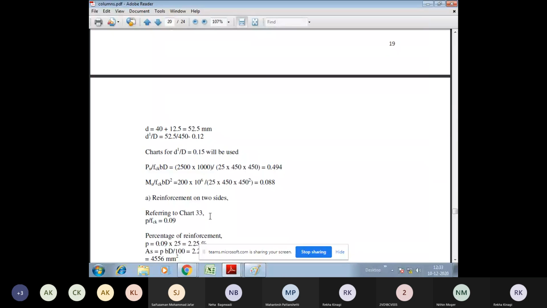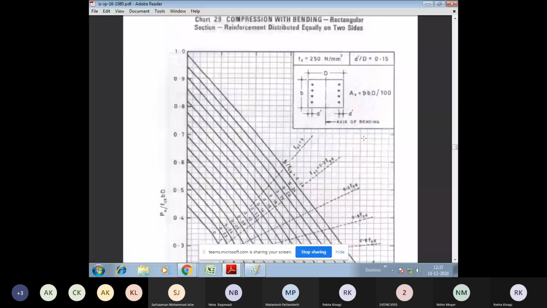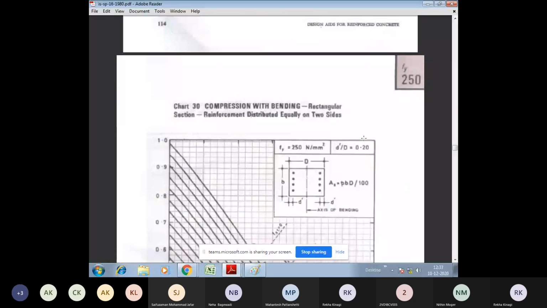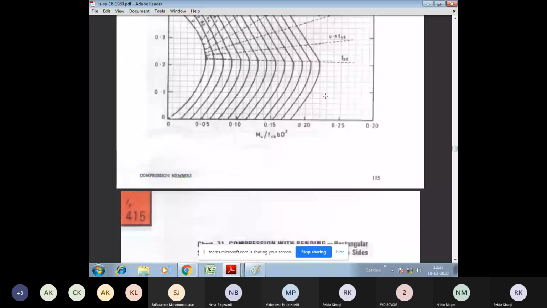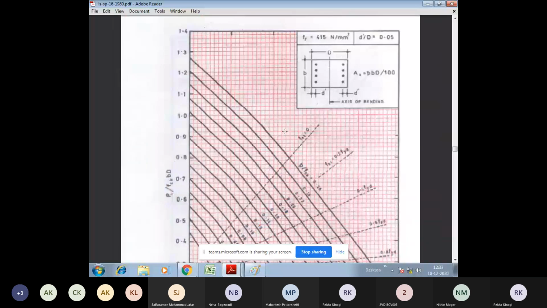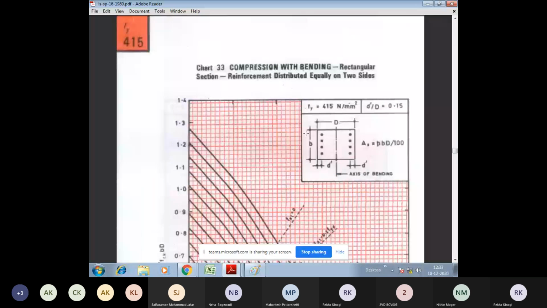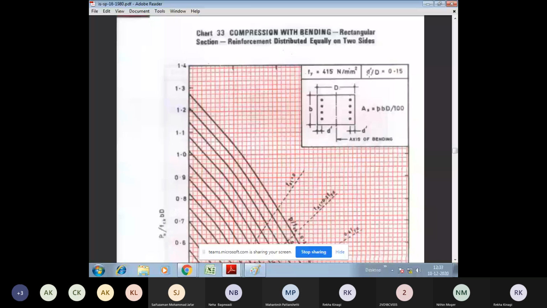Grade of steel is 415. So I'll be searching for grade of steel equal to 415. It is 250 here. Here again it is 415, but D dash by D is 0.05. And 415 with D dash by D 0.15. So we need to refer to chart 33 for the calculation.